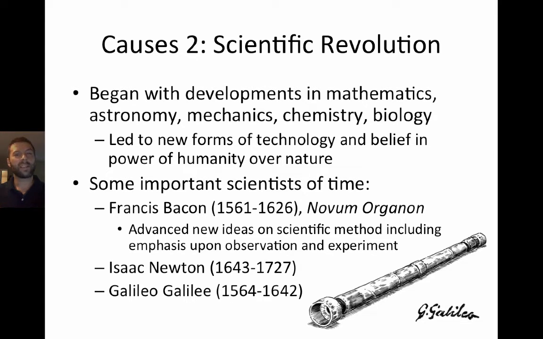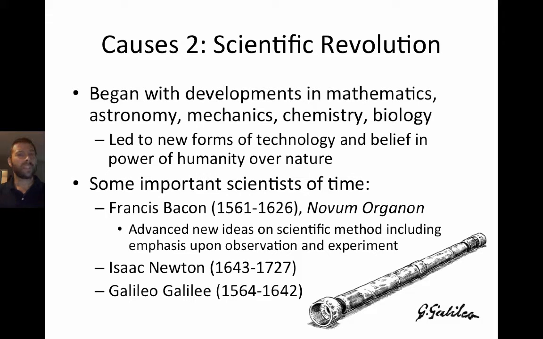This idea starts to come out really in the 15th and 16th century, and it was really such individuals as Isaac Newton and Galileo Galilei who start to put these new ideas about scientific method into practice. So we see on the right there is a telescope, which Galileo himself invented. And of course, Isaac Newton kind of single-handedly brought mechanics into a full-blown science.